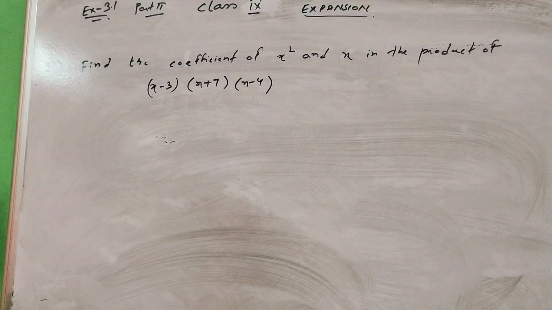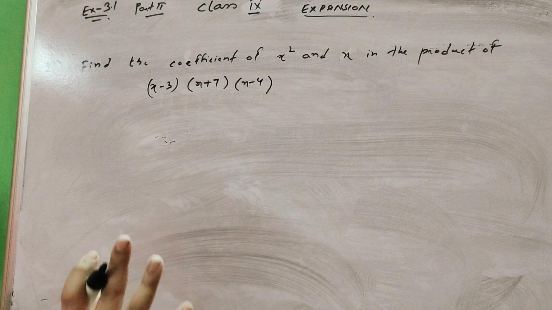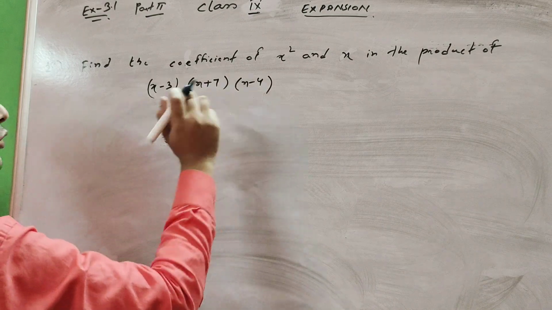You just write down the coefficient of x square and x. First of all, we solve the product.